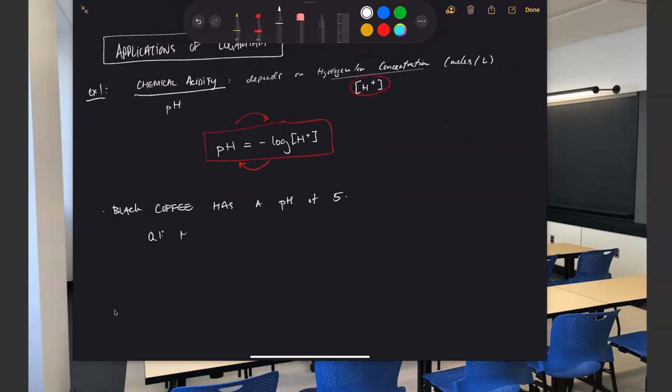Question 1, how much more acidic is coffee than water? And question 2, what is the hydrogen ion concentration of coffee?